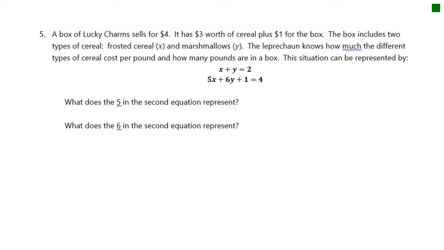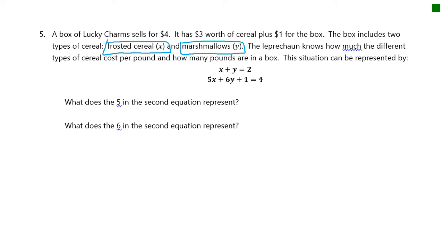This situation can be represented by x plus y equals 2, 5x plus 6y plus 1 equals 4. All right, the first thing that you need to highlight is what the x and the y represent. And they told you the frosted cereal is x and the marshmallow cereal is y.